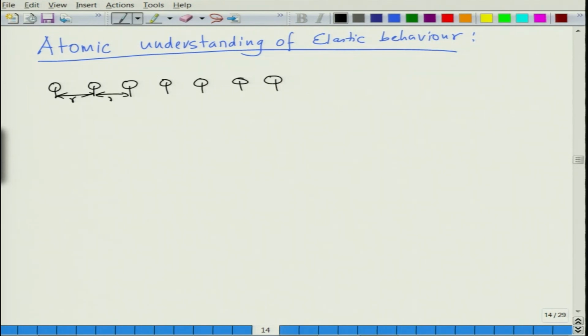So, we see that most materials have atoms located at a very well defined distance r or r naught, let us say. And why is that so? This is because of potential energy minimization.